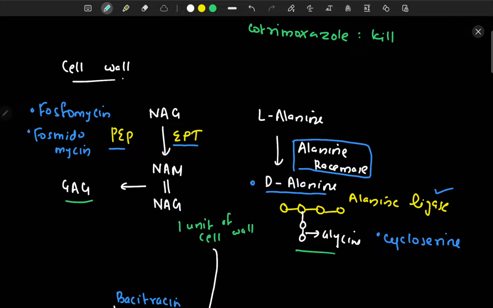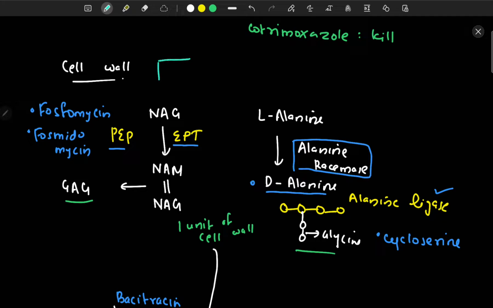So about fosfomycin and phosmidomycin. I have said that this is a PEP analog. So they competitively inhibit this enol pyruvate transferase. So this drug will enter the bacterial cell by the glucose 6-phosphate transporter.